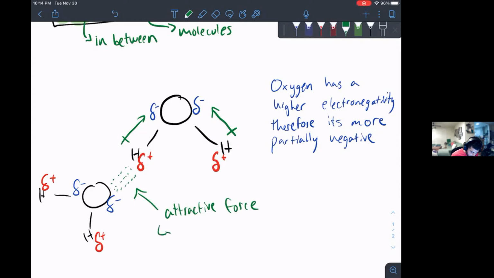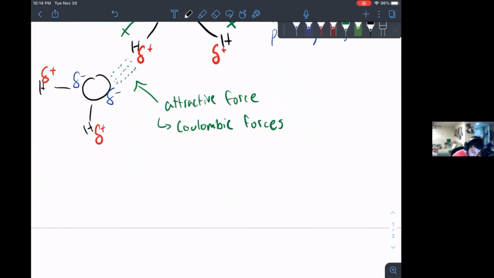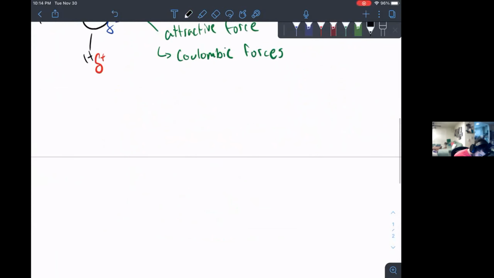And that can be described by our Coulombic forces. Basically, when you have two charges that are of opposite charge, they attract, just like two charges of the same charge repel. So the positive hydrogen end attracts the negative oxygen end and holds these molecules together. That is one example of IMF. In fact, that's our first example of IMF. We're going to talk about three.